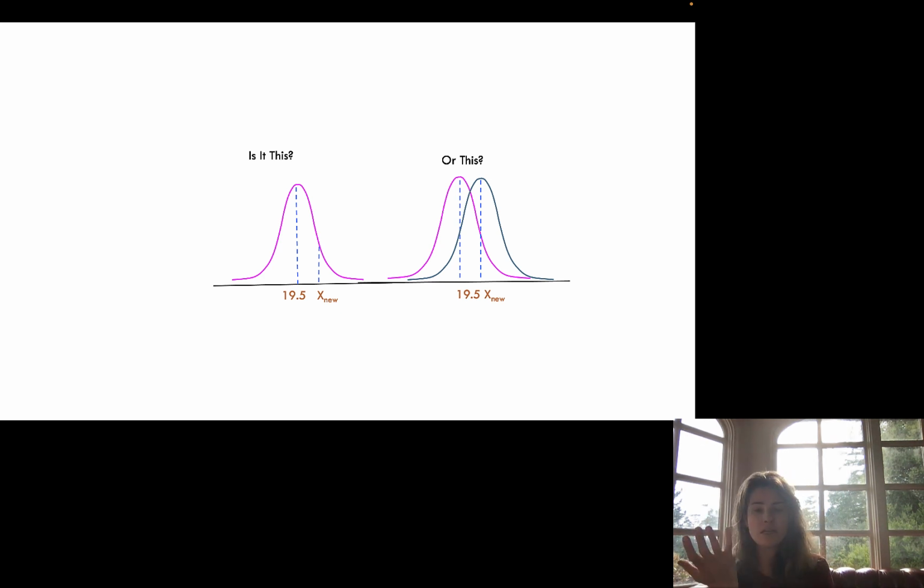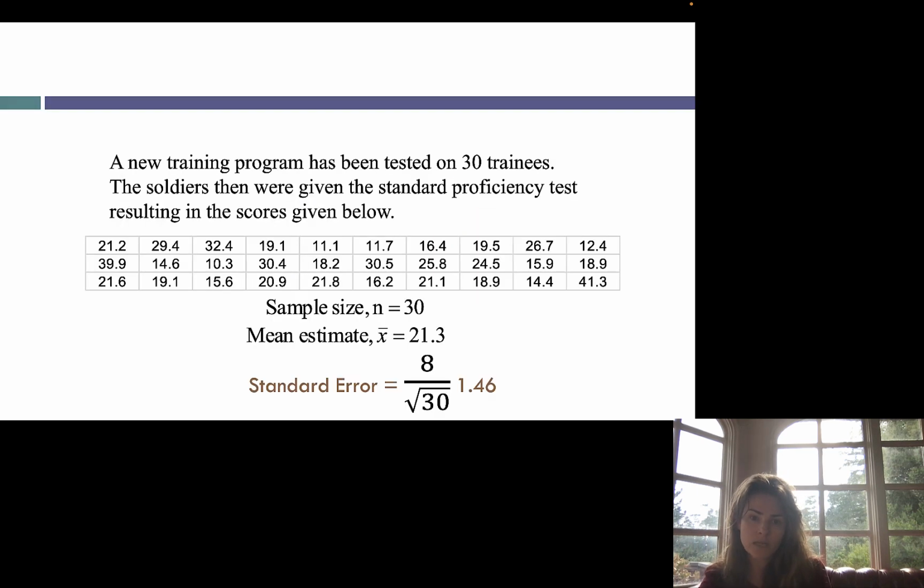I like, as a picture, to think of it as, is it the picture on the left, that the new training program is really from the old distribution? Or is it the picture on the right, where the new training program essentially has its own distribution? So we get some data on our new training program.